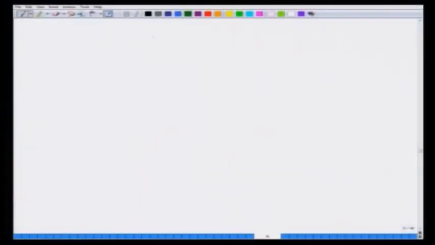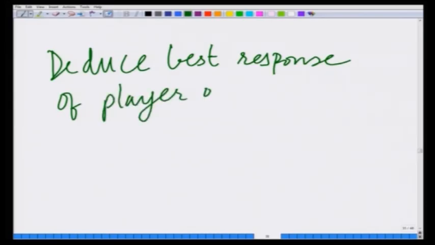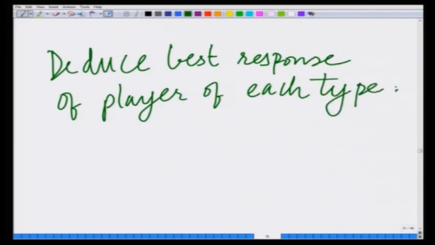So we have to deduce the best response of the player of each type, right.